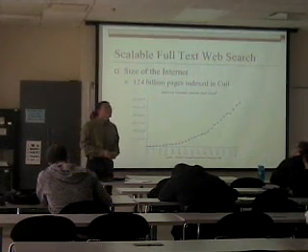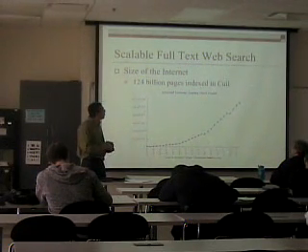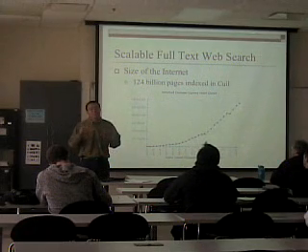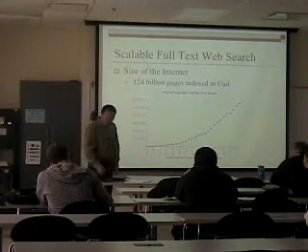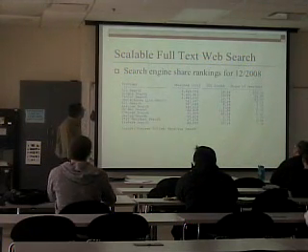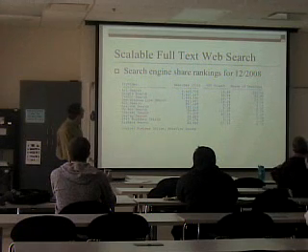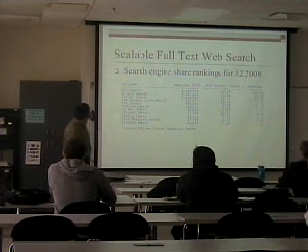That's a lot of documents. If you go there, they provide a kind of cool interface for you to search. And this is the number of searches, I think from December.